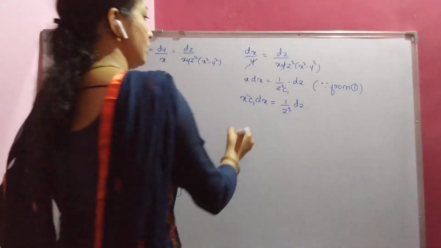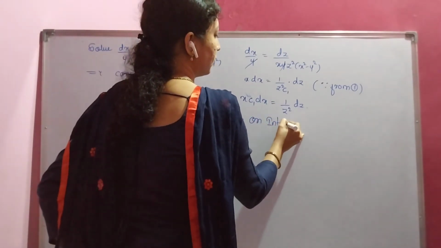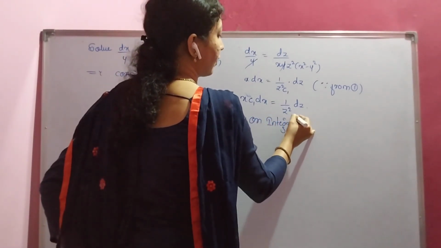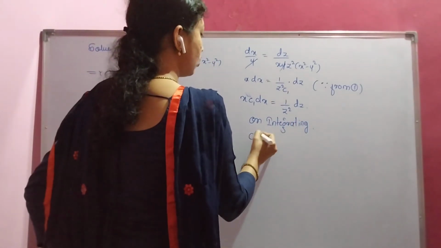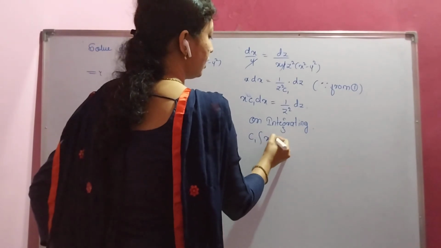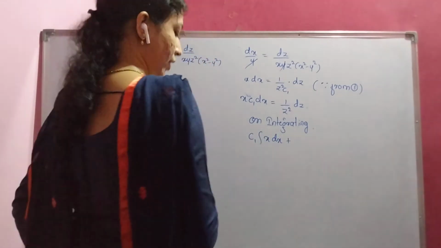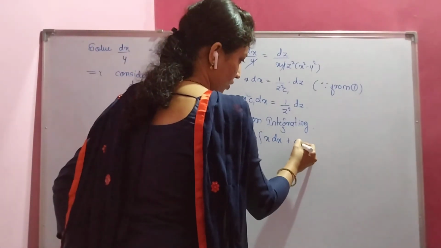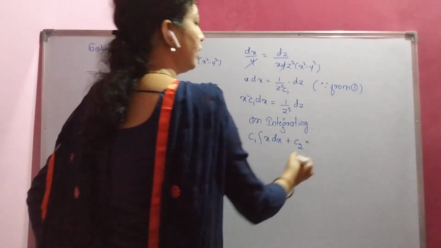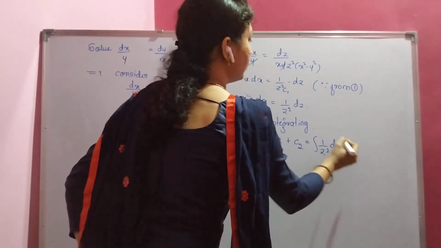Then next on integrating, c1 is a constant, so keep it outside the integral sign. c1 integral of x with respect to x plus the integral constant c2 is equal to the integral of 1 by z square with respect to z.